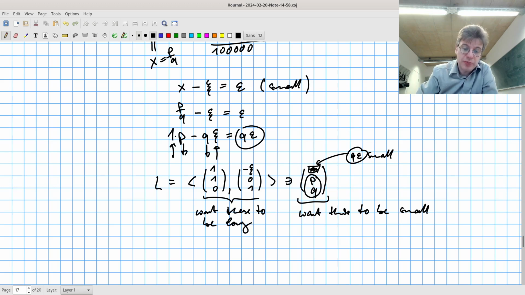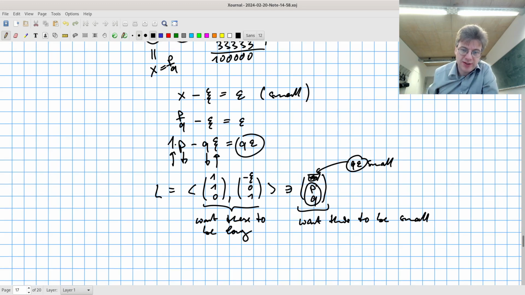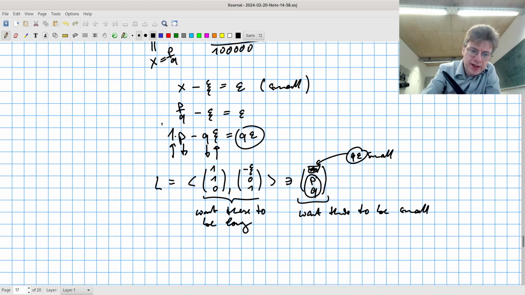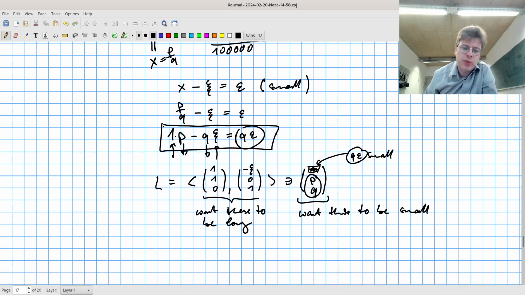But there's nothing I can change about them. They are given. So I'm given the xi. I cannot change the xi. Actually, I can change it because I care about this equation, this equality, and this equality is not changed if I multiply it by something non-zero. So let's multiply it by a w, a weight, a positive number, and that would introduce the w here and here. And then these, if you think of a big number, then this would be long vectors as we want.